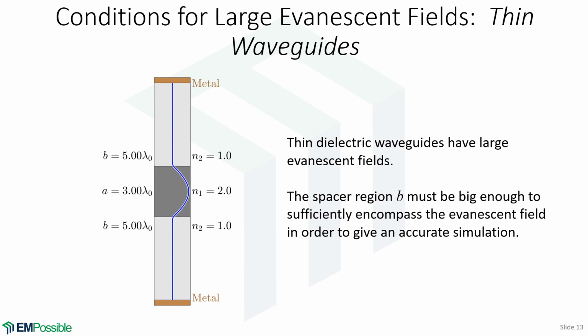One is if the thickness of the core is very thin. And watch what happens when it becomes very thin. Suddenly, when it becomes like hair thin, we see that evanescent field go very, very far from the waveguide. So if there's a time where you want to do that, now we need very large spacer regions.